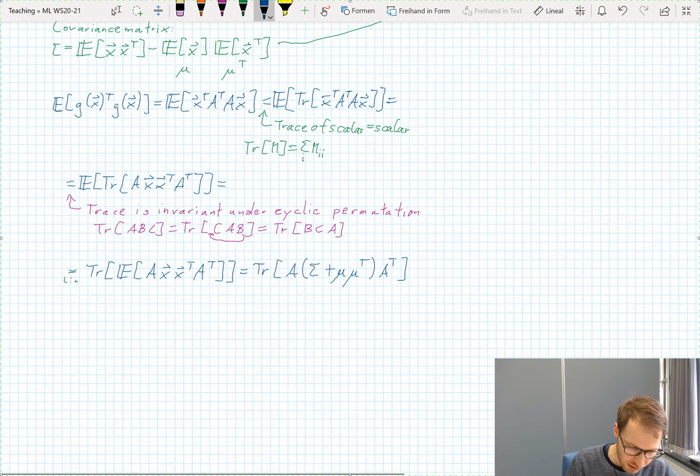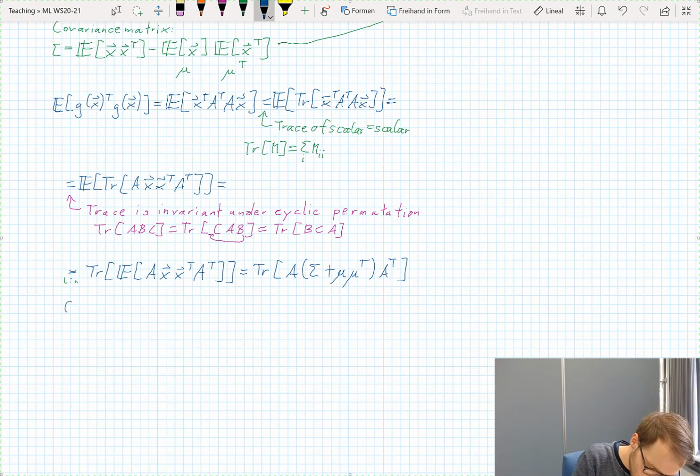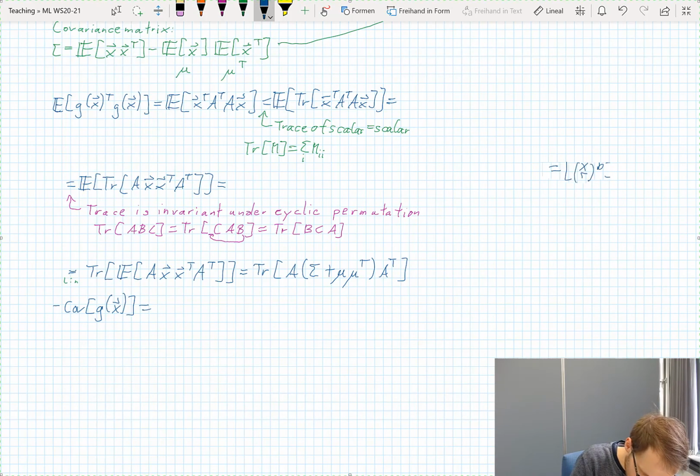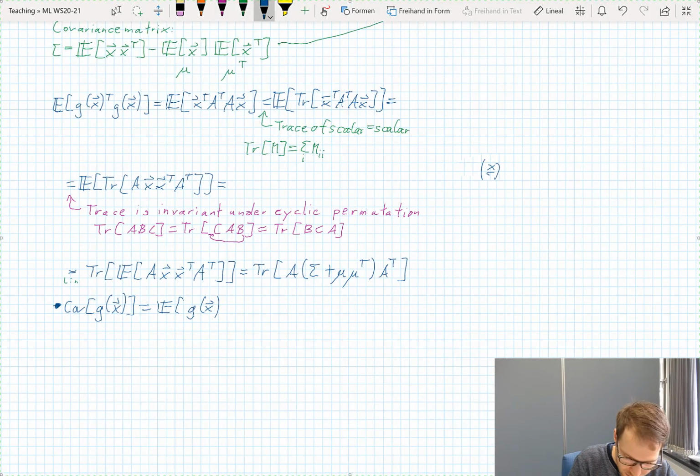Okay, now last question. What's the covariance of g of x? Now, since we've answered all the other questions, this is pretty easy. So this means that E of g of x g of x transposed.